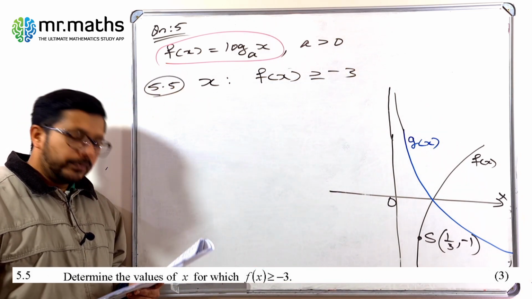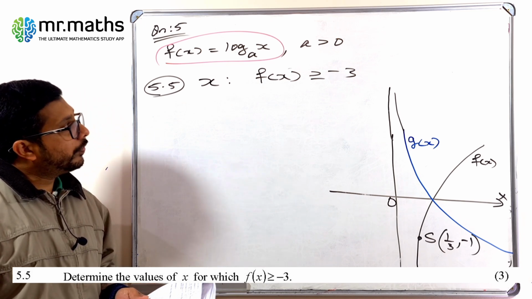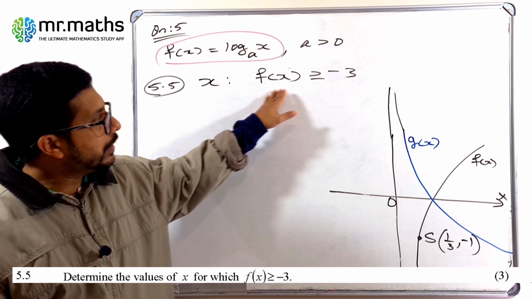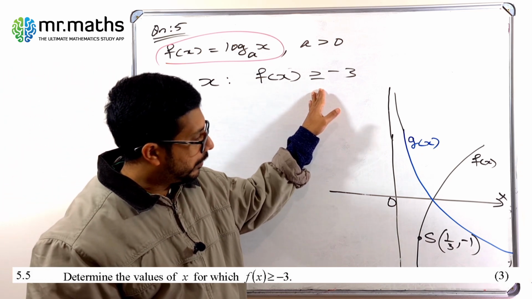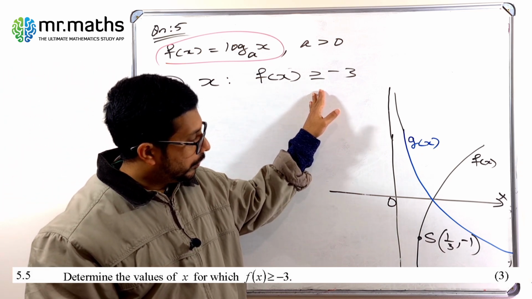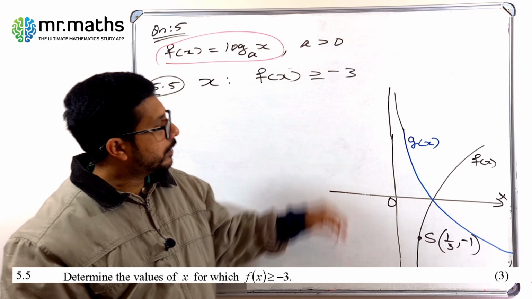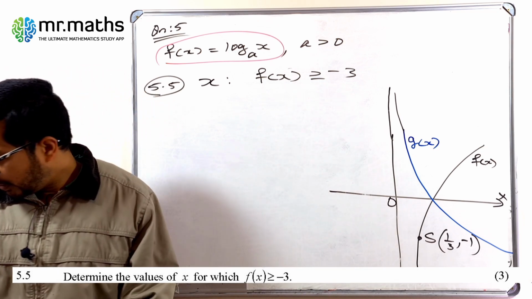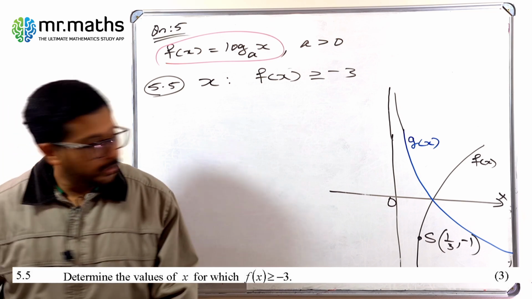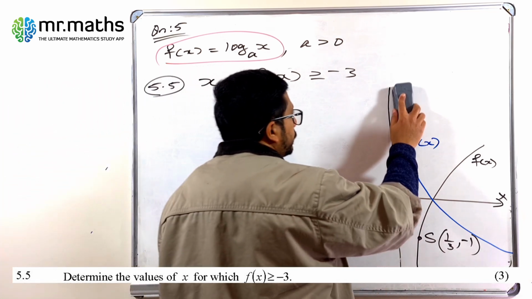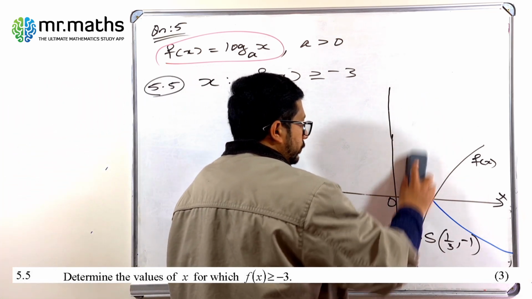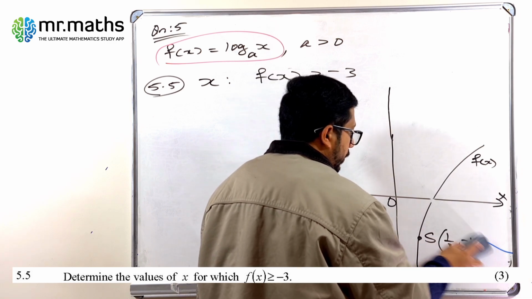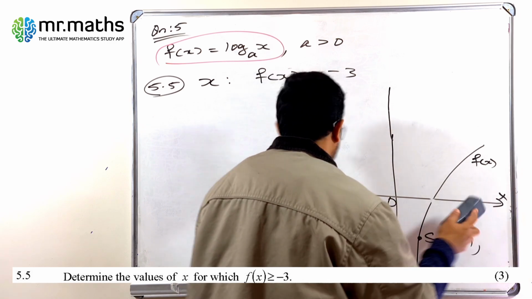So you have to find the values of x where f of x is greater than or equal to minus 3. Let me erase that graph. I mean, not f of x, this is g of x.